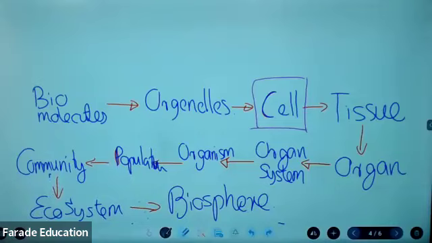In the liver, you have hepatocytes, and they are similar in the liver. So likewise, there are so many types of cells, and the same types of cells make a similar tissue, and different types of tissues make a different organ. If you take the kidney as an organ, in the kidney you have different types of tissues.